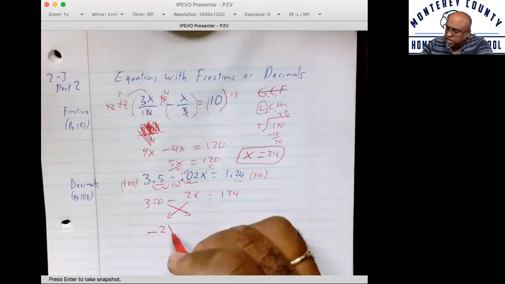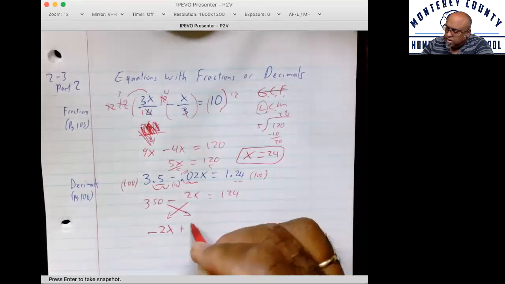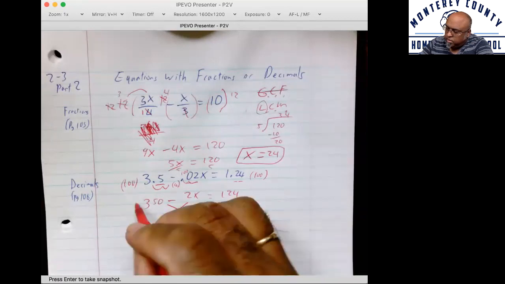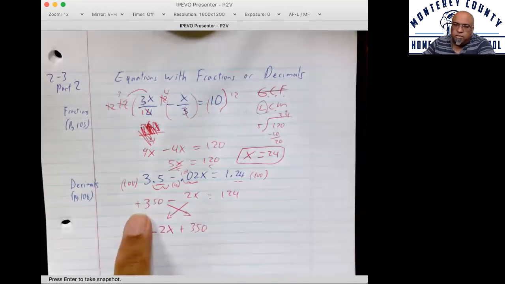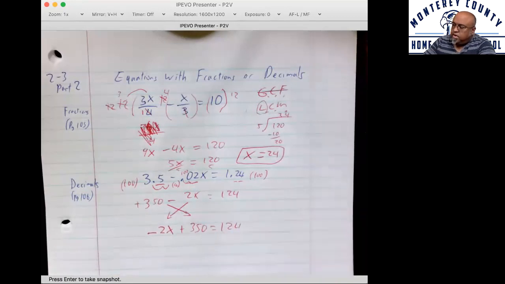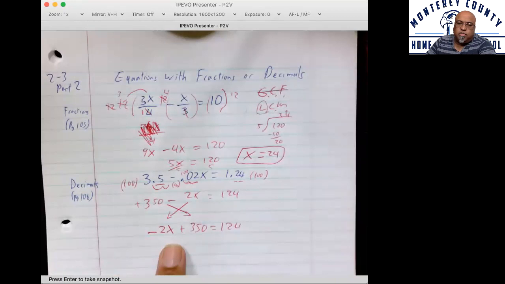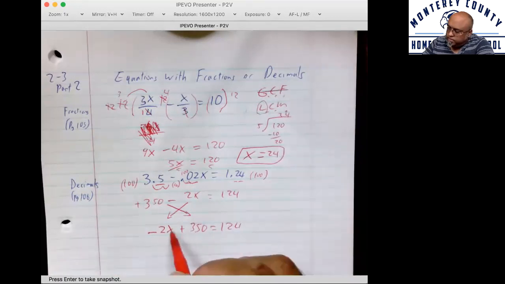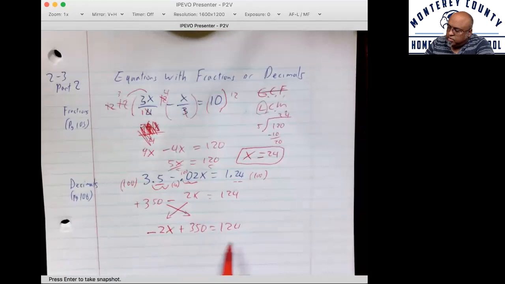So I now have negative 2x plus 350, because remember, unless it says negative in front of it, that's positive, equals 124. Now this step is unnecessary. I just did it to avoid confusion, okay? Because sometimes when a number is written like this, it can be confusing. But in this case, I have negative 2x plus 350 equals 124.